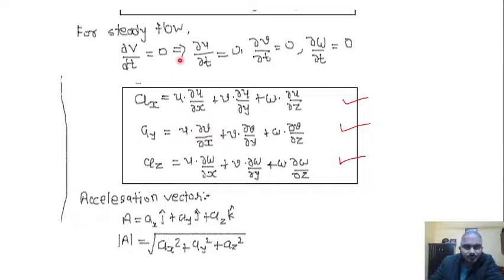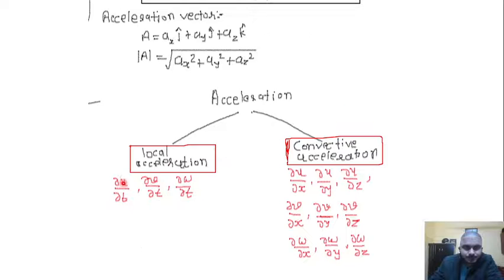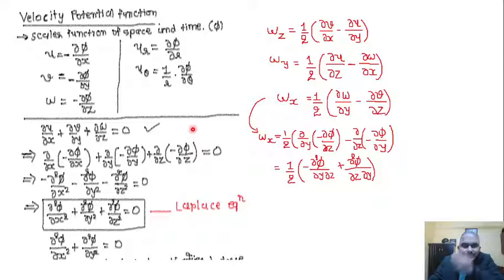For steady flow, the time derivatives are 0, so we reduced these equations. Acceleration is of two types, local acceleration and convective acceleration. Local accelerations are velocity derivatives with respect to time, and convective accelerations are velocity derivatives with respect to space. Then we studied the velocity potential function.